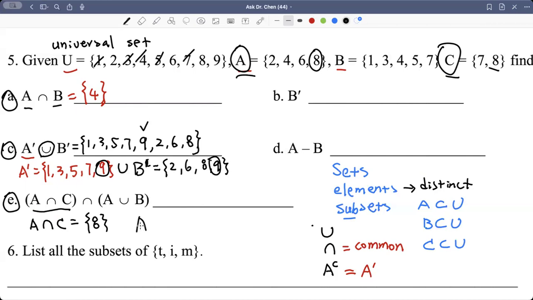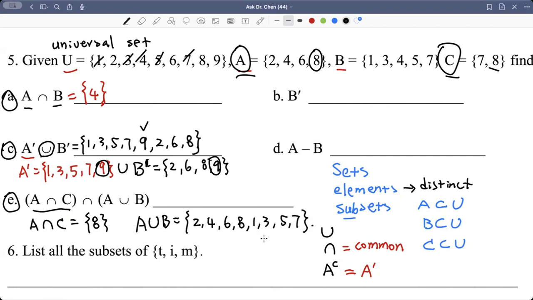Now let's find A union B. For A union B, let's write A first because we need to contain all the elements in both. So write A first, 2, 4, 6, 8. Now let's write B. 1, 3, 4 is already there. 5, 7.